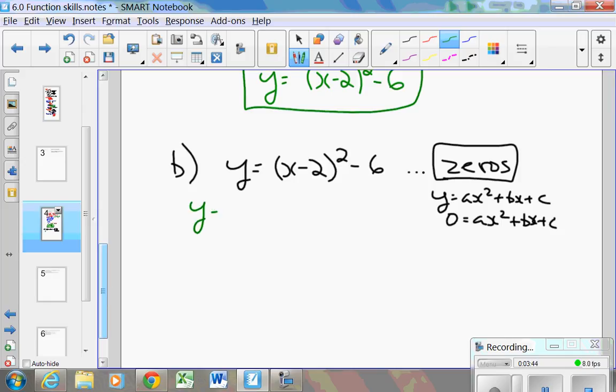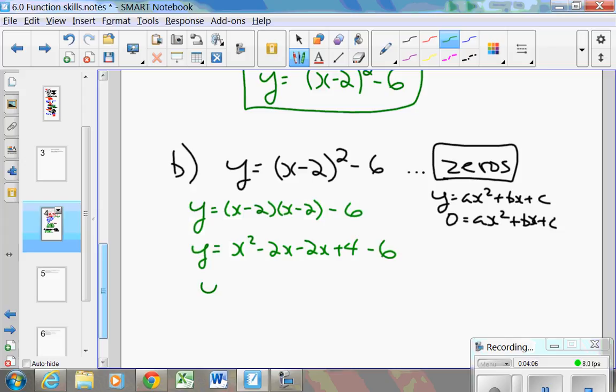I have y equals (x minus 2) times (x minus 2) minus 6. That's like the format we have up top, but we're not equaling 0, so it's a little bit dangerous to think of it that way. Multiplying this out is x squared minus 2x plus 4. I still have the minus 6 on the end. So I have y equals x squared minus 4x minus 2.